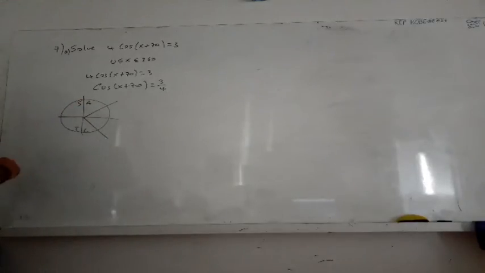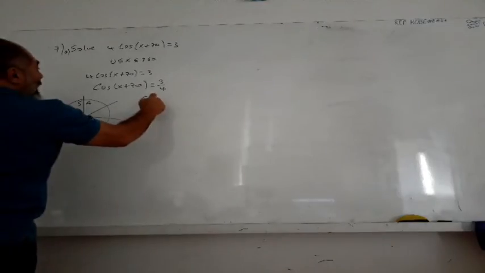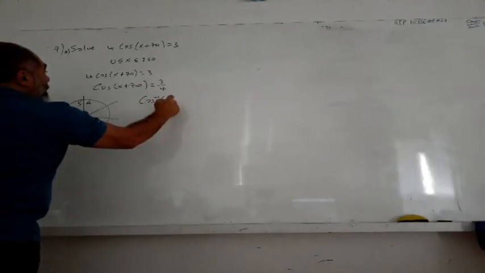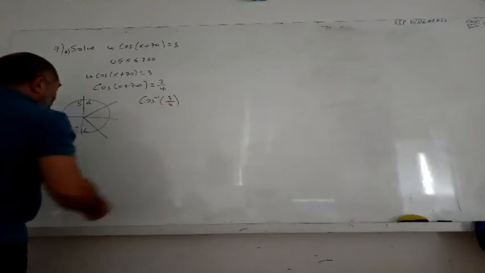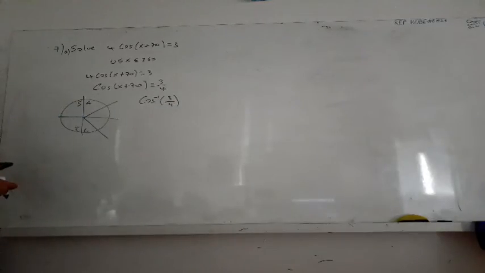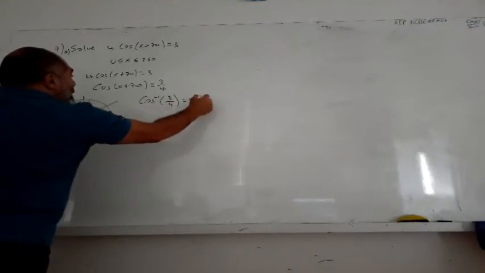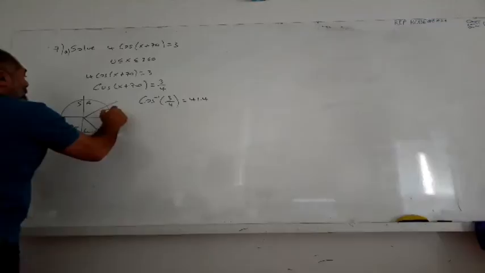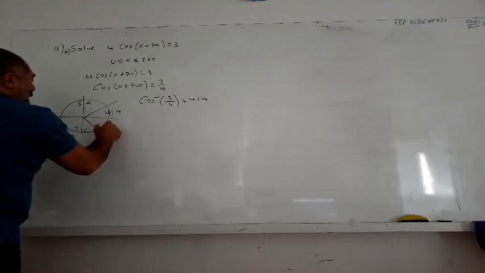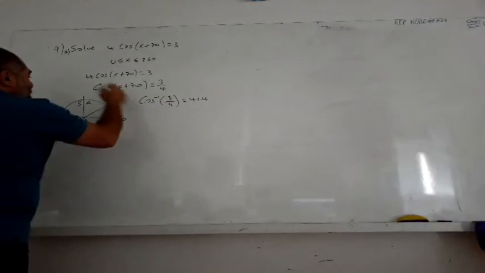Take out the calculator, press shift, cos 3 over 4, and the answer is 41.4. So we have 41.4 and another one there. From 0 to 41.4, 41.4. And this is going to be 318.6.